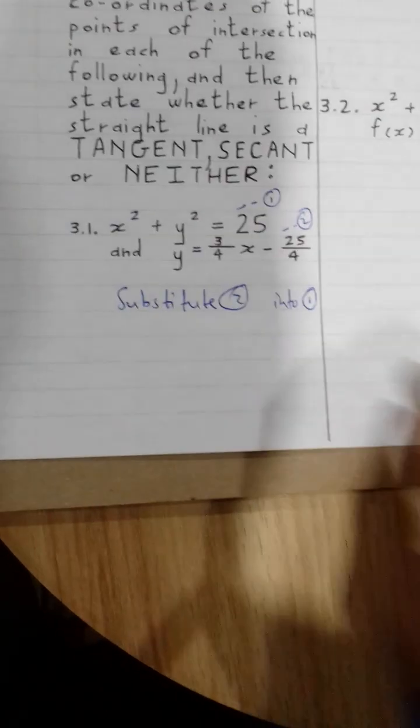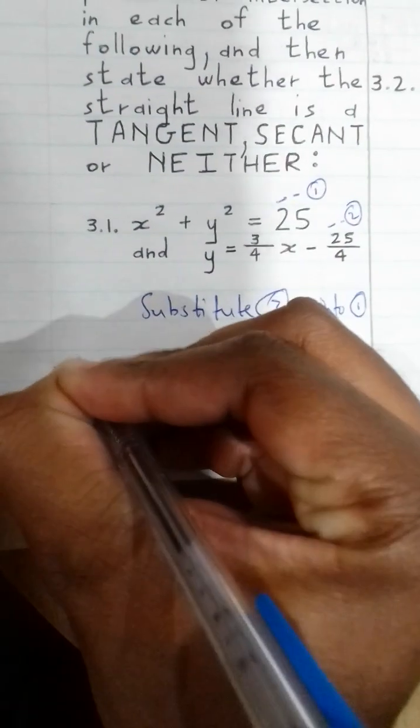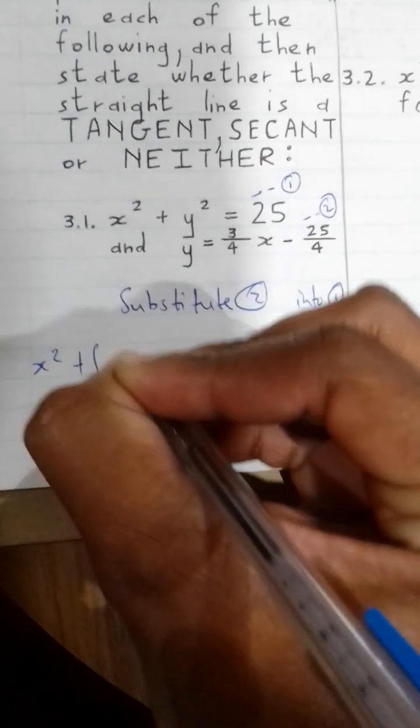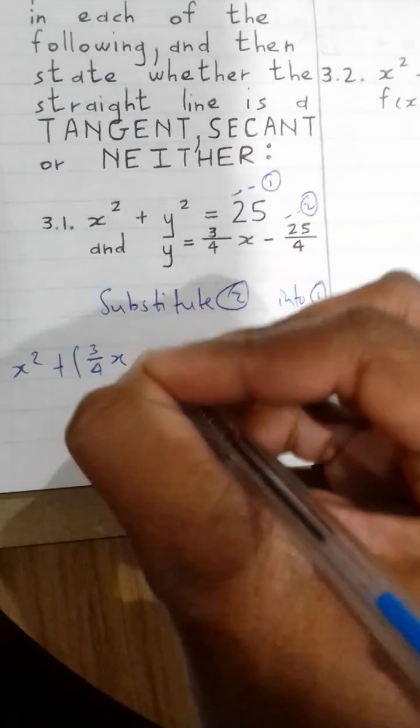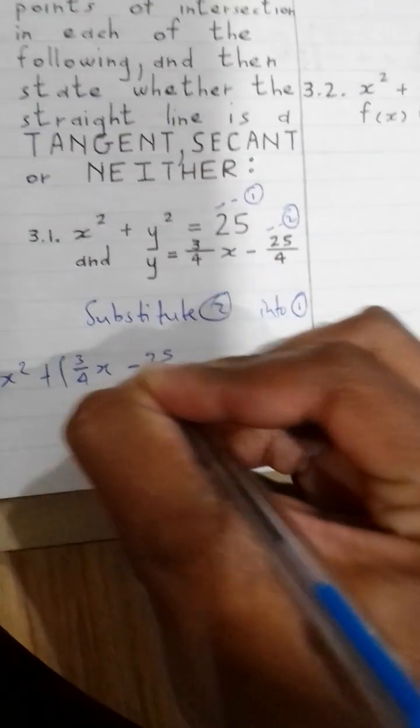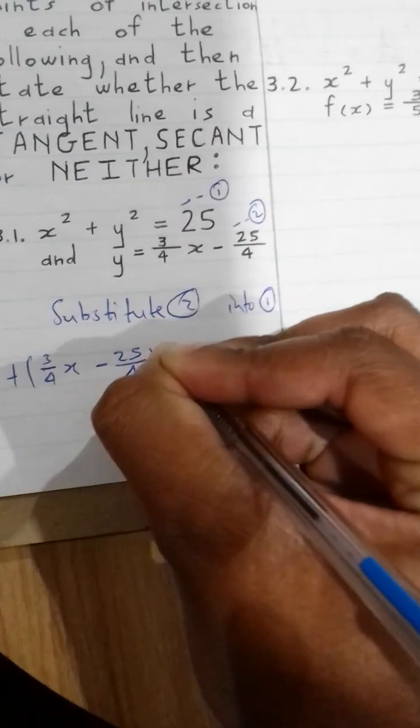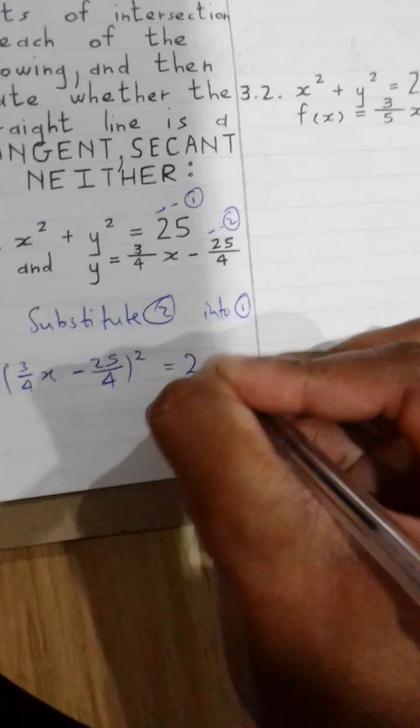Where there's y we put 3 over 4x minus 25 over 4. So x squared plus (3 over 4x minus 25 over 4) squared is equal to 25.